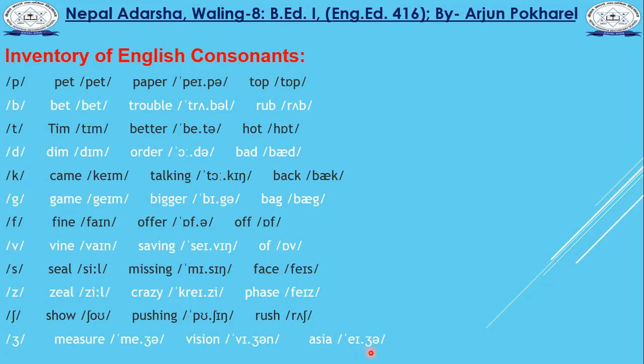This ja does not occur in word final position. We can give garage as an example as well, G-A-R-A-G-E, garage. There you can have this jaw sound word finally.